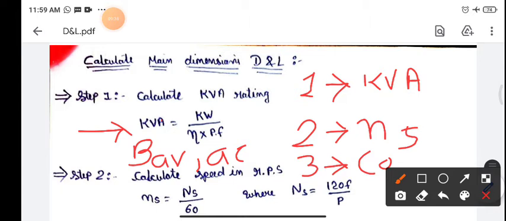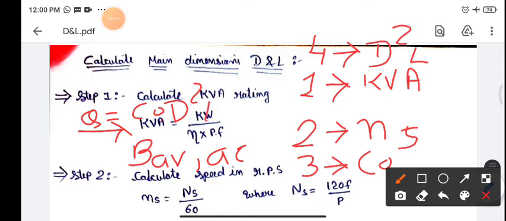Moving further, in step number 4, we will calculate the volume, that is d square L, and that will be found from the equation Q is equal to C0 d square L Ns. This is our step number 4.